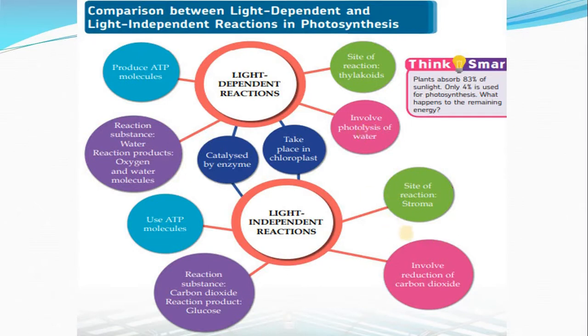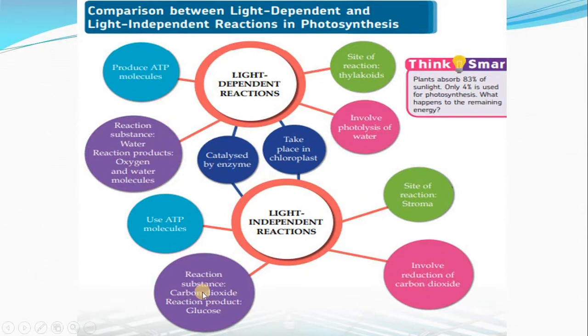For the light independent reaction, it involves reduction of carbon dioxide. The 5 carbon organic compound is fixed with carbon dioxide, and then converted into glucose. So the process is called reduction of carbon dioxide.